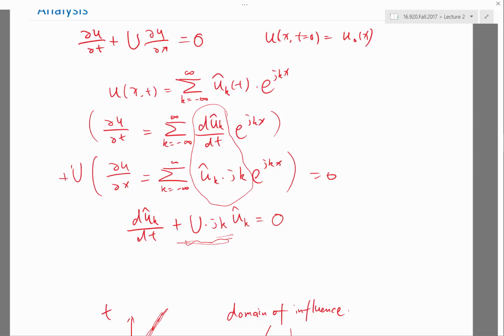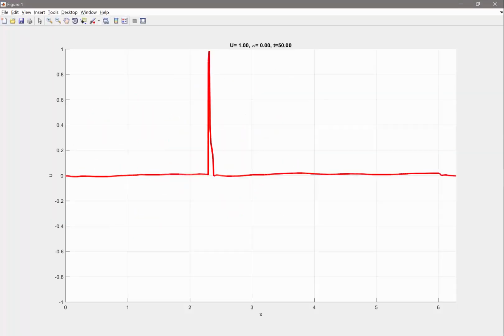So what we see when a spike moves towards the right is basically a superposition of many oscillations. The faster frequencies oscillate faster, and the overall effect is the spike, or the solution, traveling towards the right.